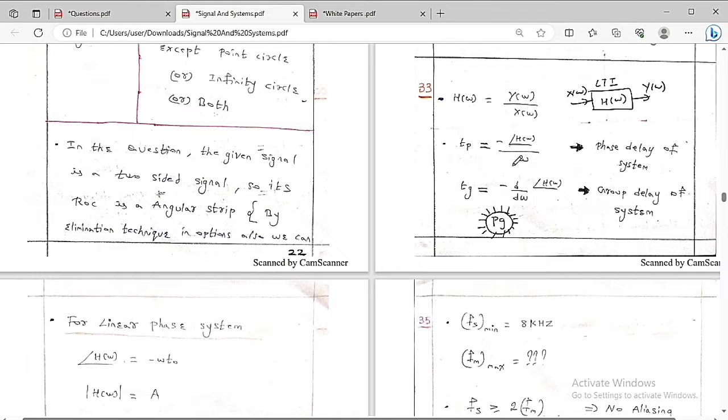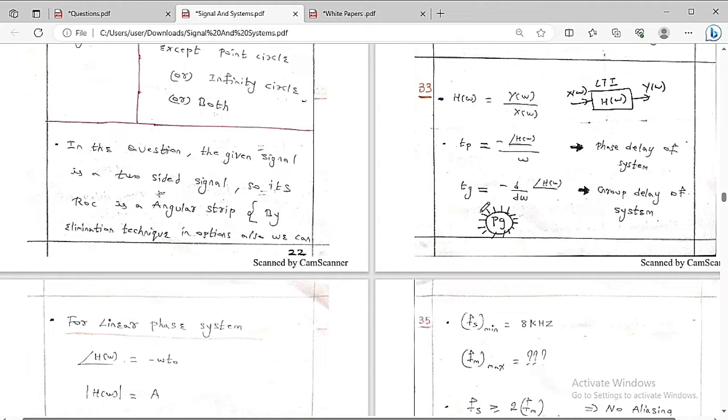These formulas I already told you. So TP is the phase delay of the system and TG is the group delay of the system. This point you have to keep in mind.